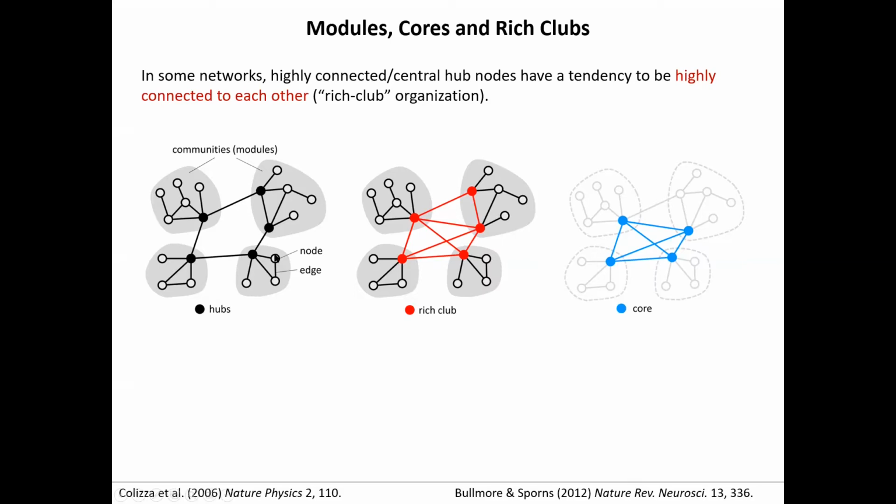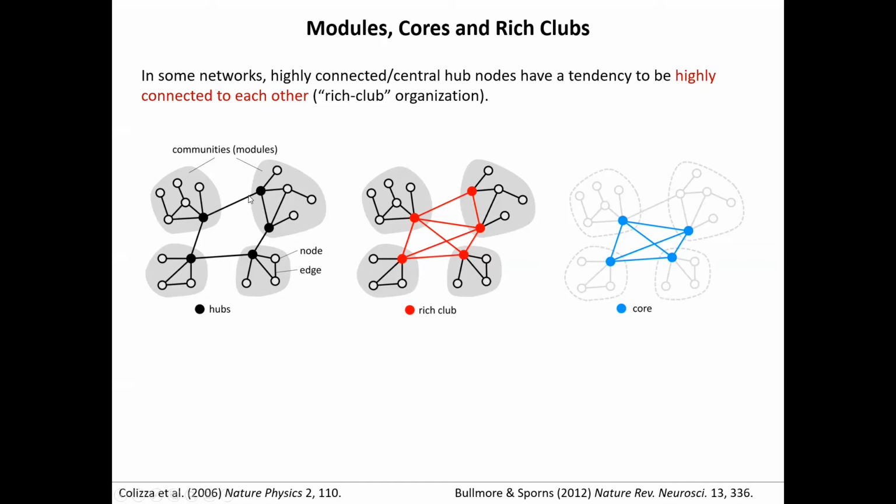You see on this diagram here on the left a very schematic little sketch of a modular network. And the nodes shown in black stand out because they're the only nodes in this network that actually have connections between modules. This is important for communication for obvious reasons between these different communities.